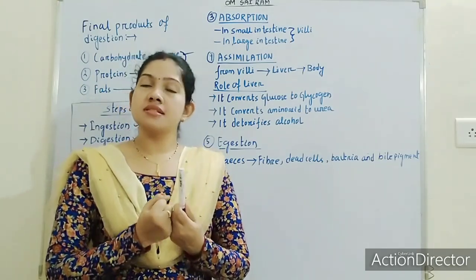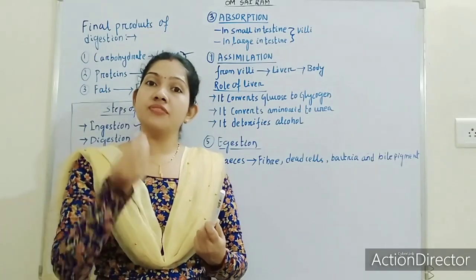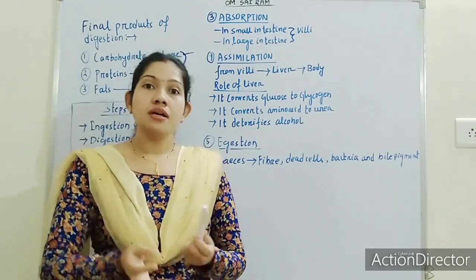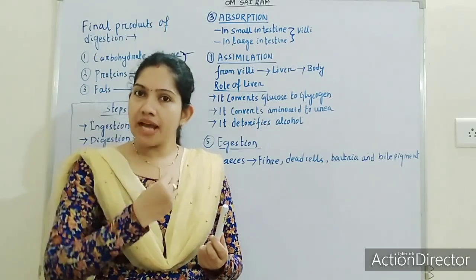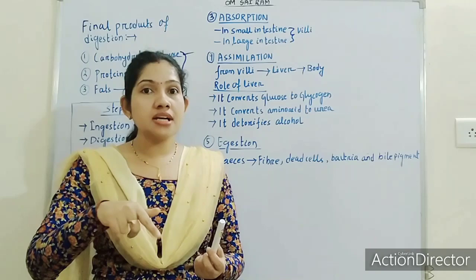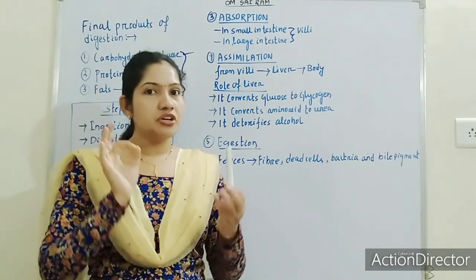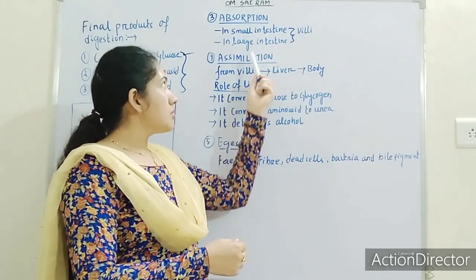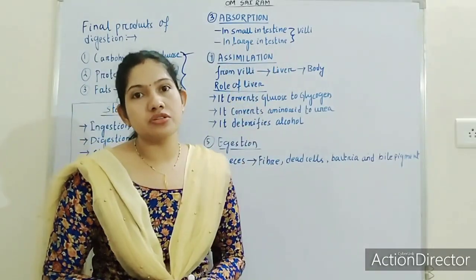Your mother says that if you take more leafy vegetables, then your hair growth will be nice. How? When you take leafy vegetables, the vegetable is going to your stomach. But how are the nutrients reaching your hair? Due to the next step, that is absorption and assimilation.